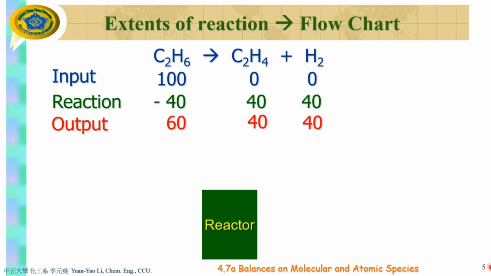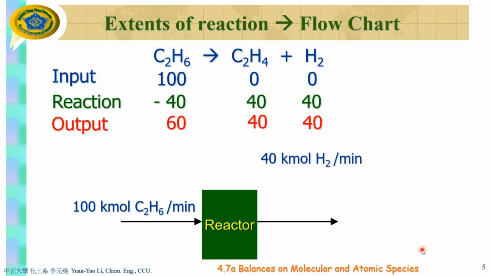If we want to do the internal reaction and make it a flow chart, we don't want to write it like this. If we have a reactor here, 100 kilomoles of C2H6 per minute goes into the reactor, and the output stream will contain what? 40 kilomoles of hydrogen, which is known, right? 40.